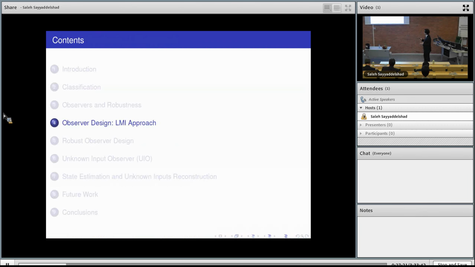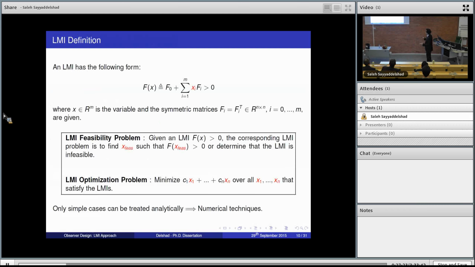If we take this word LMI, linear matrix inequality, it is simply this structure. For LMI problems, you basically have two different things. Your problem might be a feasibility problem or an optimization problem.